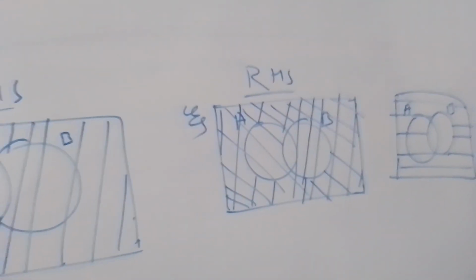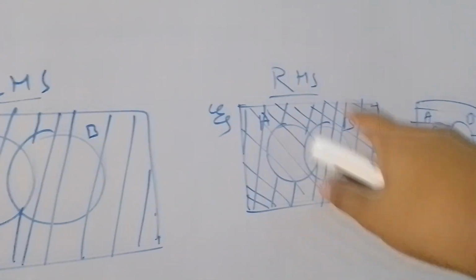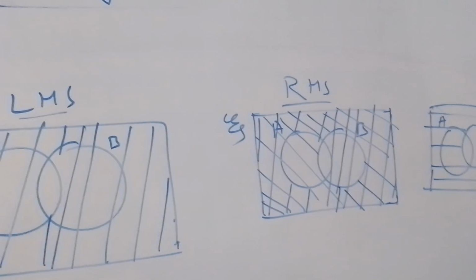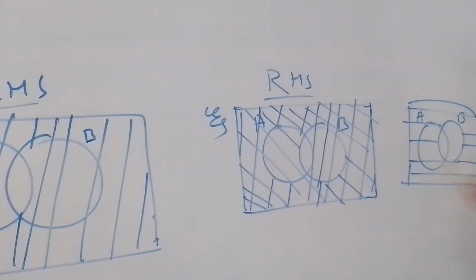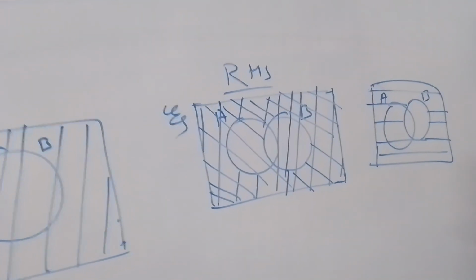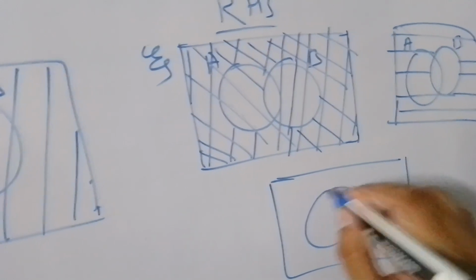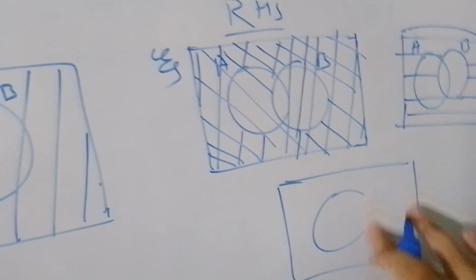So the A complement was only the outer shaded part of A. So if we take the union of it, we need to take the whole. So the resultant Venn diagram will be like the LHS part.